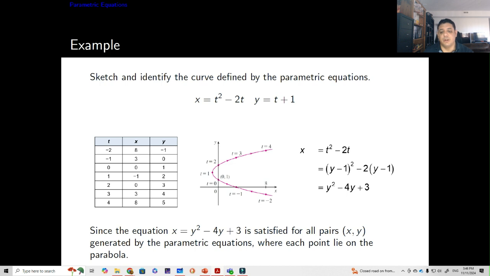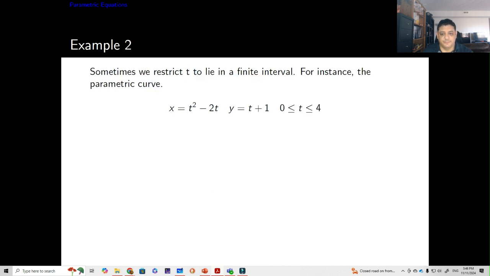Now, since the equation x equals y squared minus 4y plus 3 is satisfied by all these pairs of points that we have here, then we can use that to describe this parabola that we have over here. Now, sometimes we can restrict t and not take all the numbers, but just take it to lie in a finite interval.